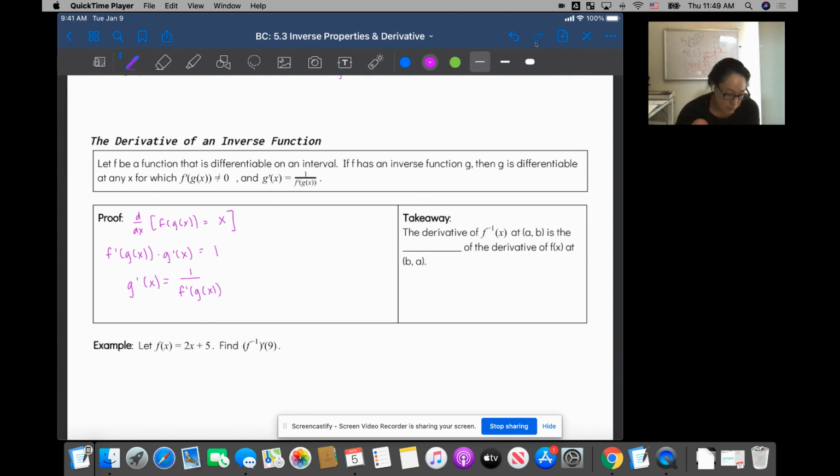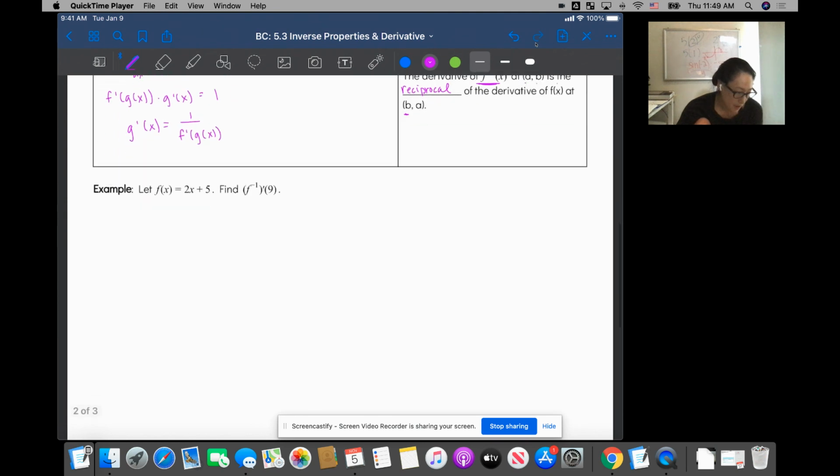Again, this looks really bad, but what this says is that the derivative of f inverse at (a, b) is the reciprocal of the derivative of f at (b, a). Okay, so I'll show you again how this works.